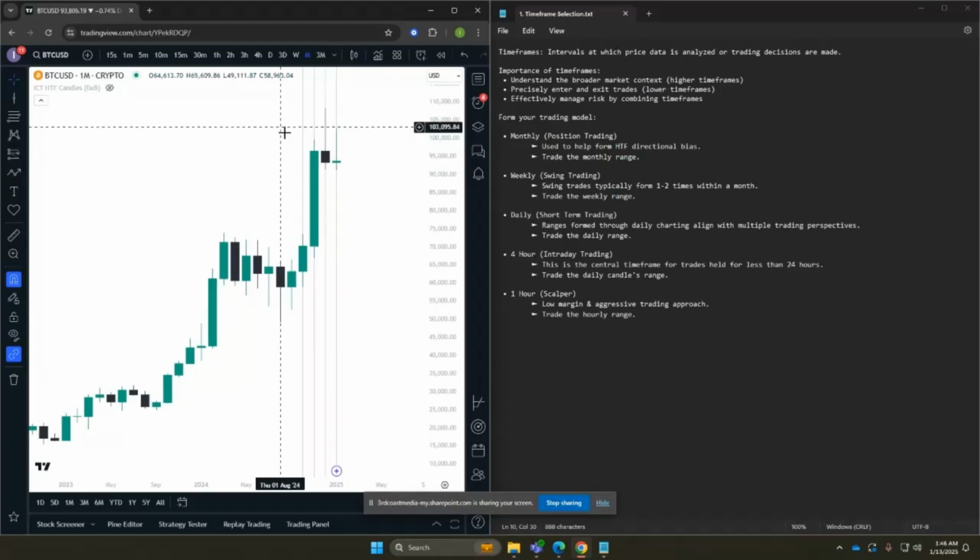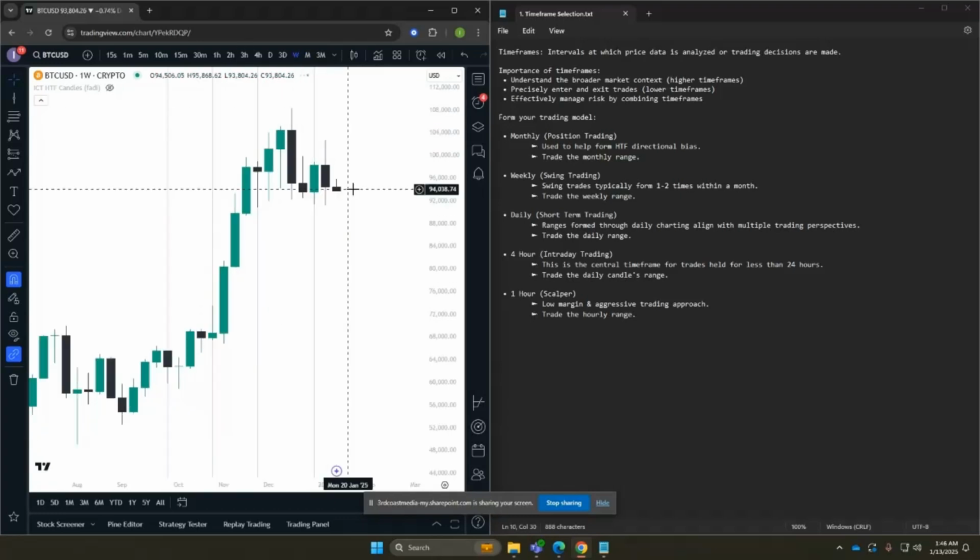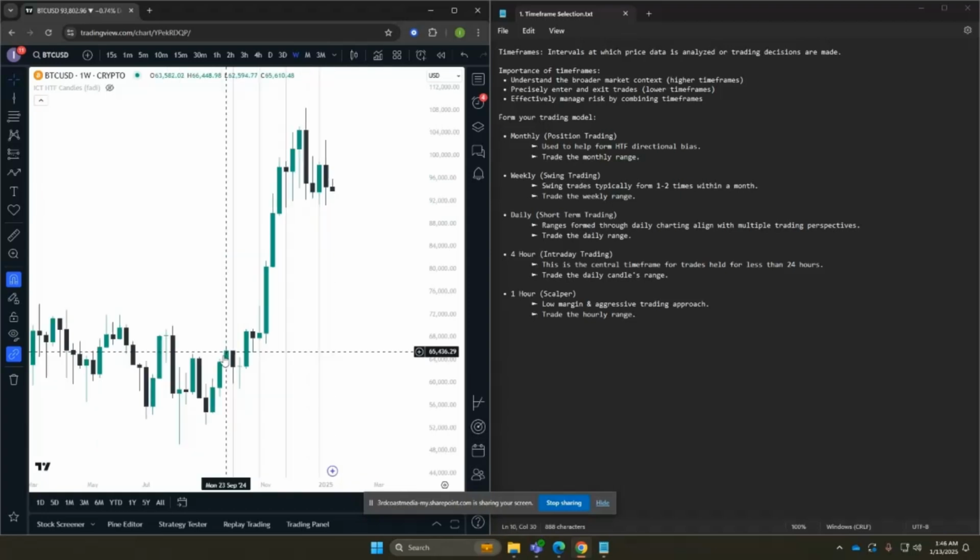Okay, so we have the months marked. So that's 4 months right here. And then we go to weekly and you can see, there's maybe one buying opportunity here. Other than that, you wouldn't have been doing much. Even right here, I'm not so convinced you would sell or that you would be betting that it goes down.